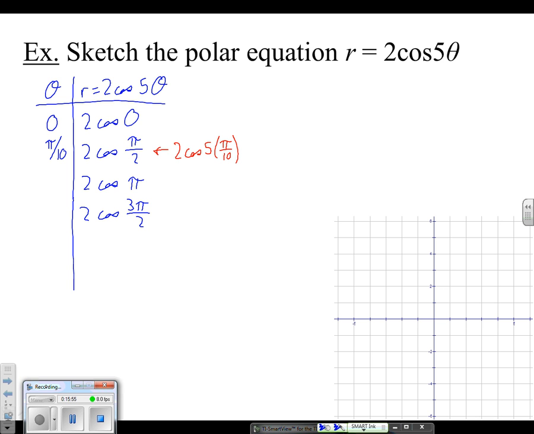For the next one, as long as the angle is pi over 5, 5 theta becomes 5 times pi over 5, which is just pi. And then the next one is, I believe, 3 pi over 10.